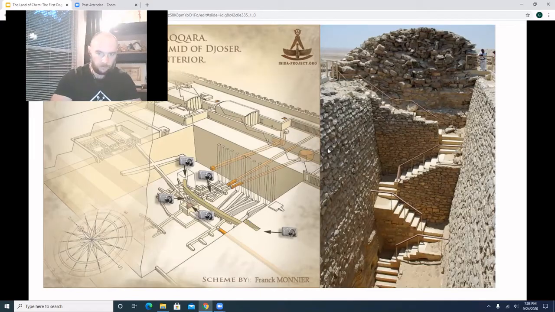And again, the step pyramid underwent a series of renovations by the original builders, and then it was also repurposed by the dynastic Egyptians. So when you're evaluating these diagrams, it is very difficult to partition what was a portion of the original structure and what was added later, which makes it very difficult to understand the inner workings of these.